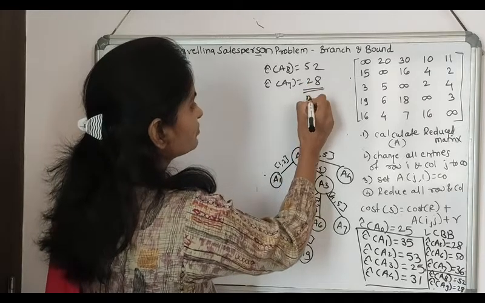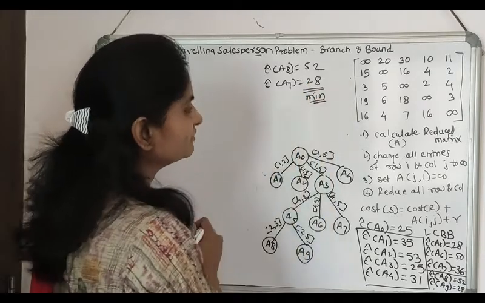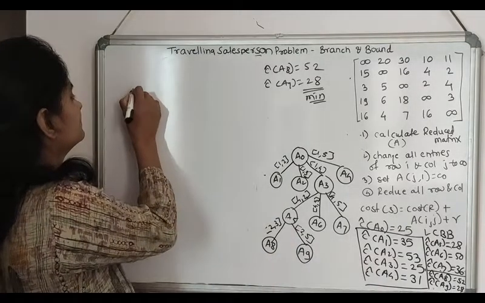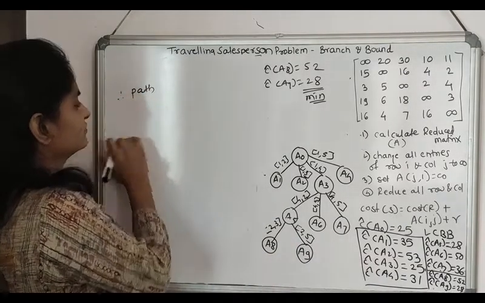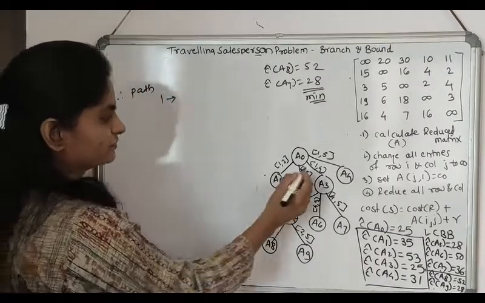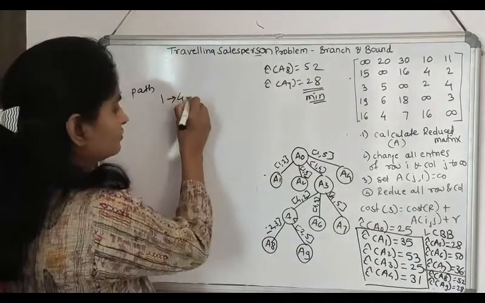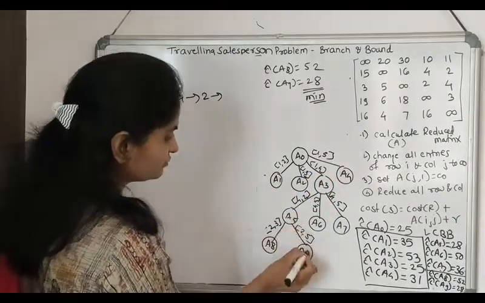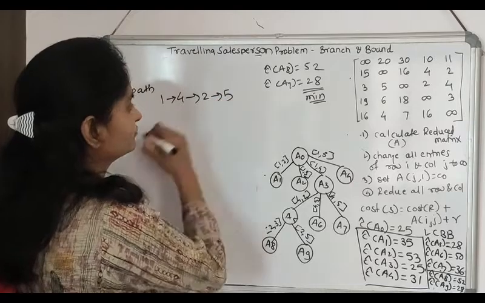This is the minimum cost. Therefore, the path is 1 to 4, 4 to 2, 2 to 5.